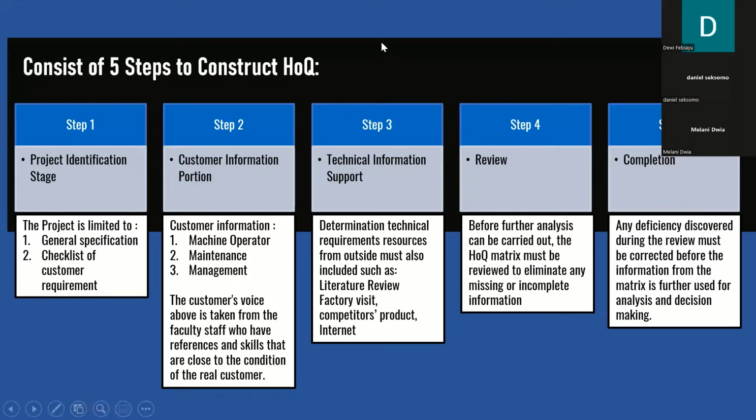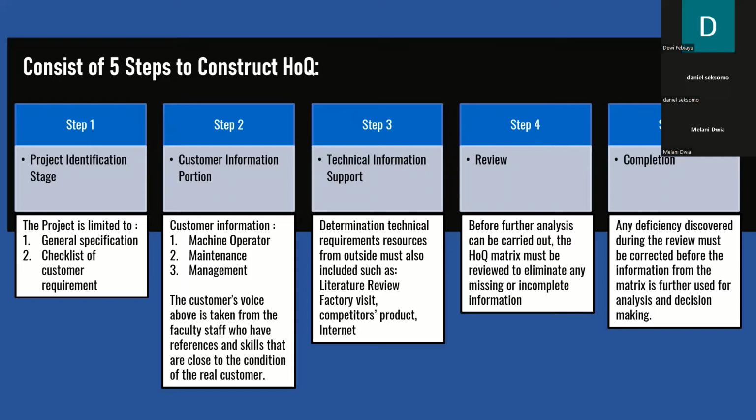Step 2 is customer information portion, and the paper considers three main factors to get the data. The first is machine operator, second maintenance person, and the management, who have the big picture to decide on purchasing the machine.